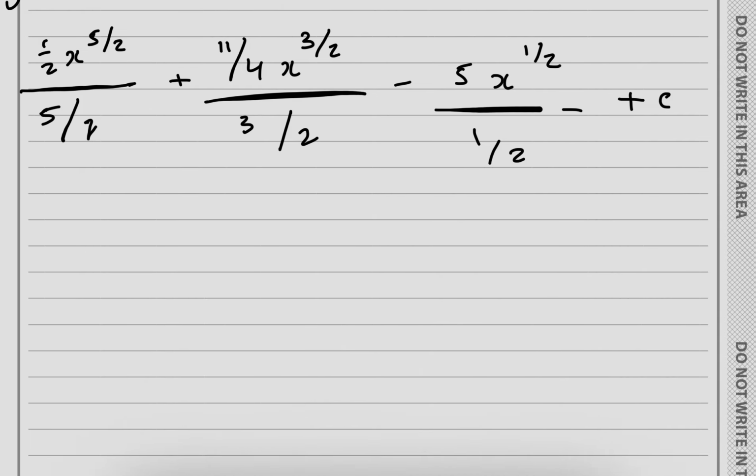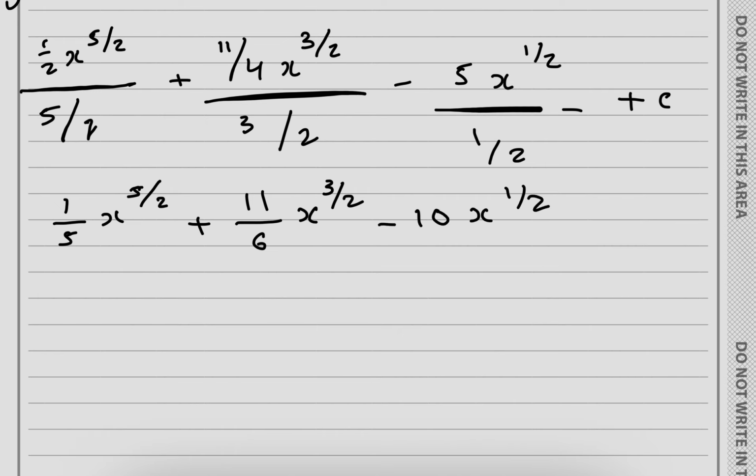I prefer writing it this way. You can solve it any way you wish. 1 by 5 x to the 5 by 2 plus 11 by 6 x to the 3 by 2 minus 10x to the half plus c.